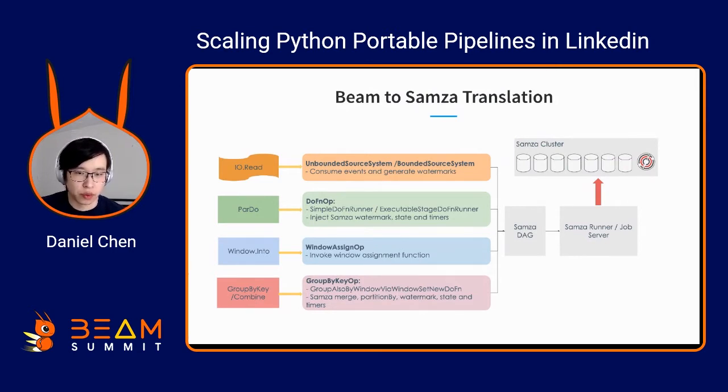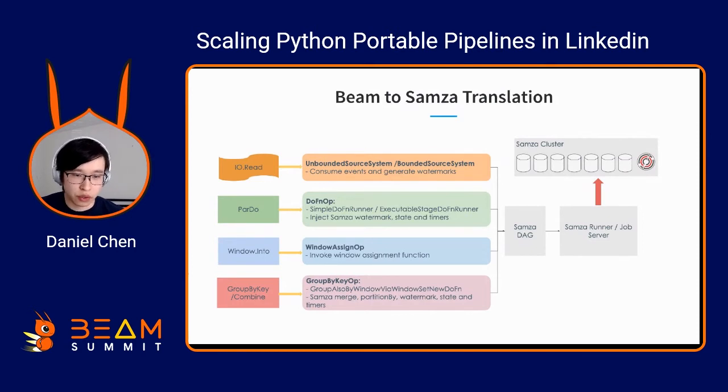We have the simple DoFn runner for the Java pipelines and the executable stage DoFn runner. This executable stage DoFn runner, as its name suggests, executes the stage and passes the processing of the UDFs to the pipelines in Python via the SDK harness. So this continues to inject the Samza watermarks, state, and timers.